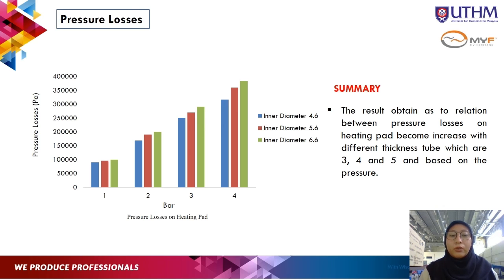So for the highest value of the pressure losses, the 3 mm thickness gets 400,000, which is the highest value of pressure losses. So for the summary of this graph, the result obtained shows that the pressure losses on the heating pad increase with the different thickness tubes, which are 3, 4 and 5 mm, and based on the pressure.